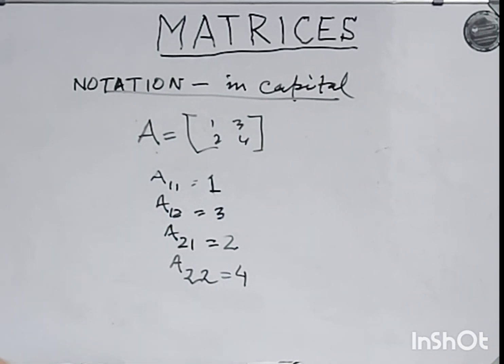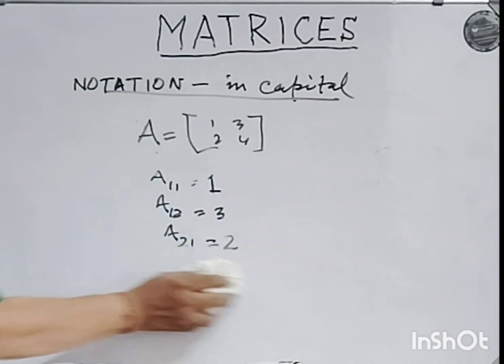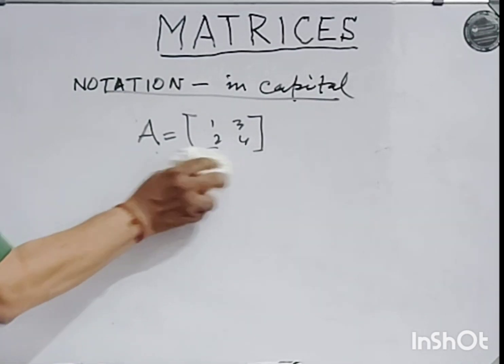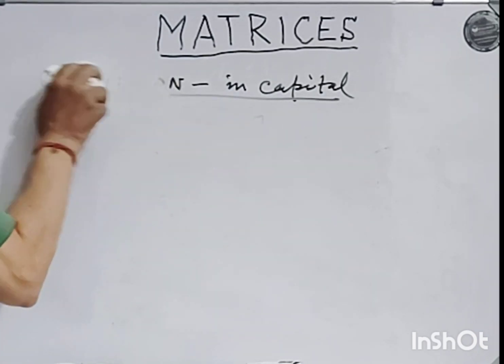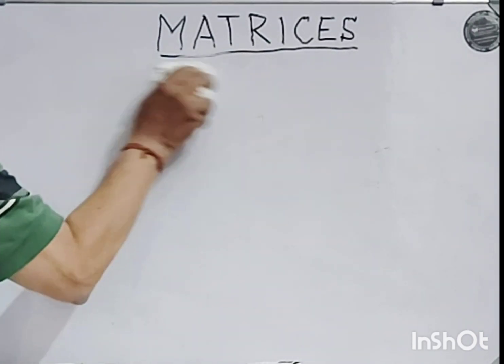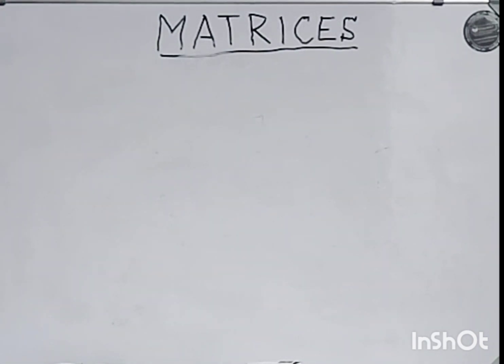Now types of matrix. There are types of matrix: row matrix that I have shown you, column matrix that I have shown you, square matrix. A square matrix is represented in a square bracket, and diagonal.